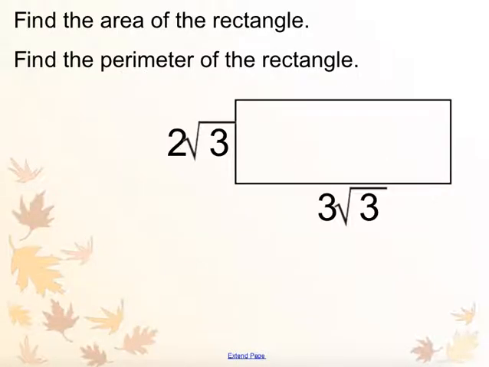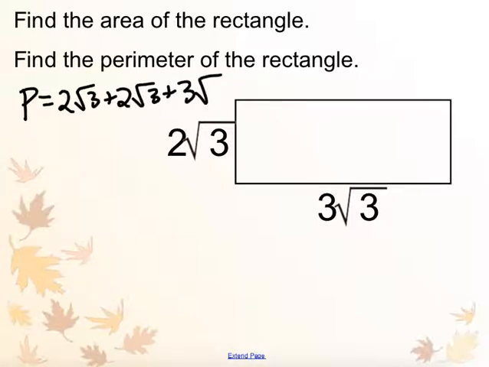All right. So if we have the area of the rectangle and the perimeter of the rectangle, well, the perimeter is going to be, I'm just going to add a bunch of these together, right? 2 of the 2 root 3's and 2 of the 3 root 3's. So I have the perimeter being 2 root 3 plus 2 root 3, and then 3 root 3 plus 3 root 3. Can we add these together? Yes, because they have common radicals.